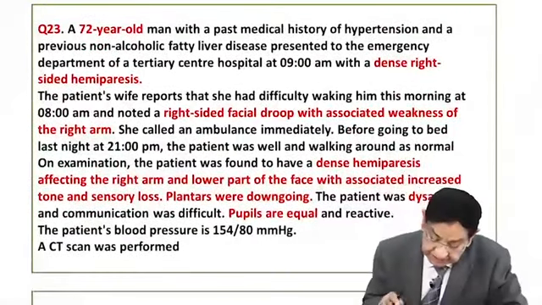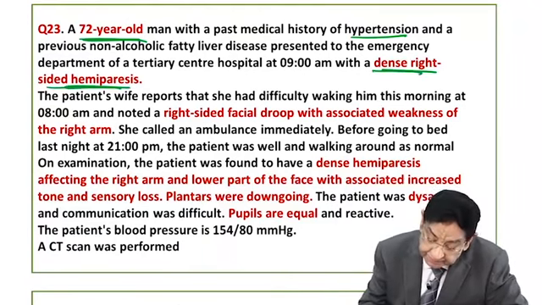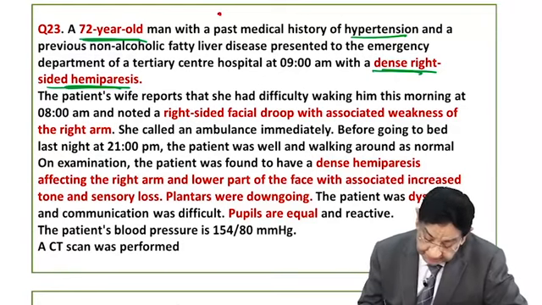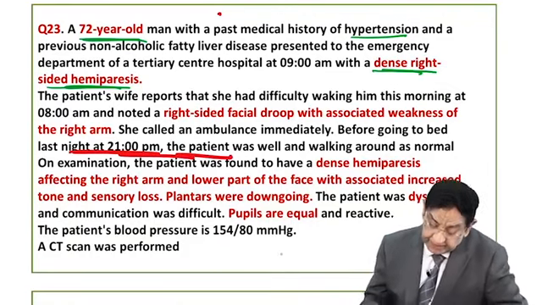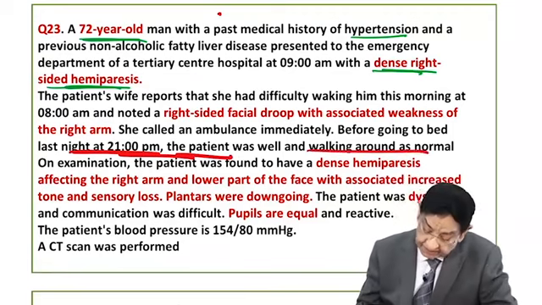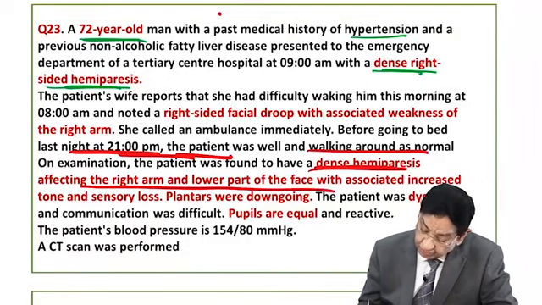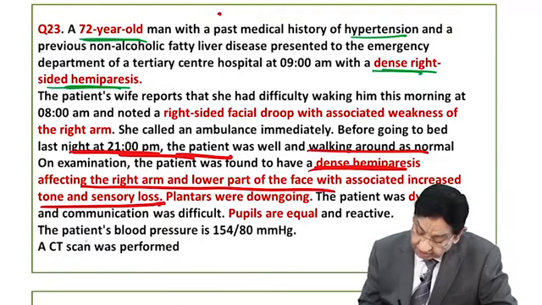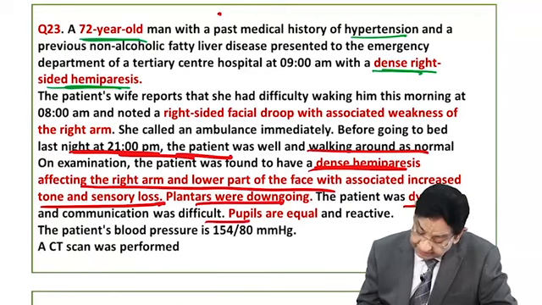Question 23. A 72-year-old man, hypertension, dense right-sided hemiplegia. At 9 p.m. he was perfectly fine. But now he has dense hemiparesis, right arm, lower face, increased tone and sensory loss, plantars are downgoing, dysarthria, pupils are equal.